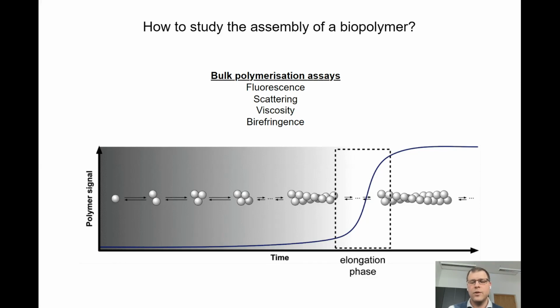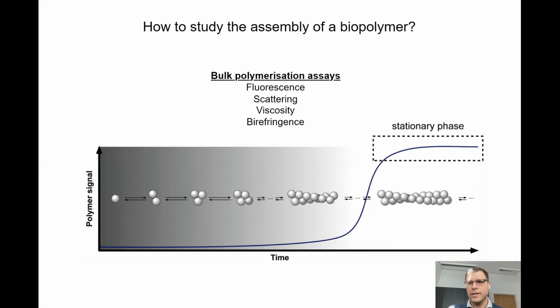Then you go into the elongation phase, where the signal will rise much more quickly. This is where the major portion of the polymers is formed. And then later on, you enter a stationary phase, where polymer growth comes to an end and enters more like a steady state, where growth and shrinkage is more or less in equilibrium.